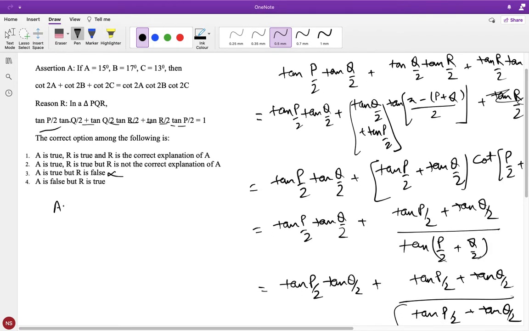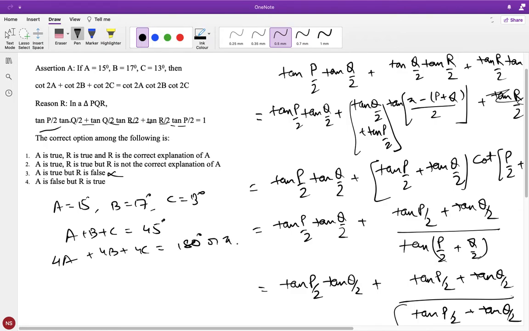If A is 15, B is 17, C is 13, then A plus B plus C is 45. So 4A plus 4B plus 4C is 180 degree or pi. Now similarly in triangle PQR, if P plus Q plus R was pi, then we saw that tan P by 2 tan Q by 2 plus this was equal to 1.